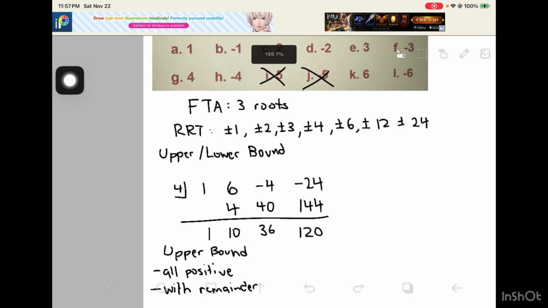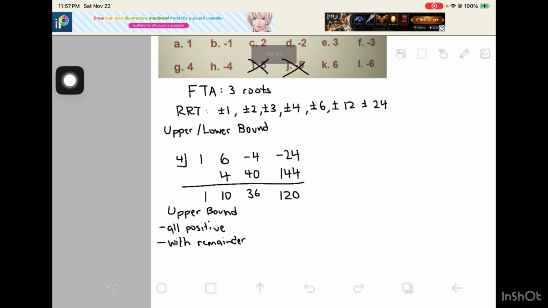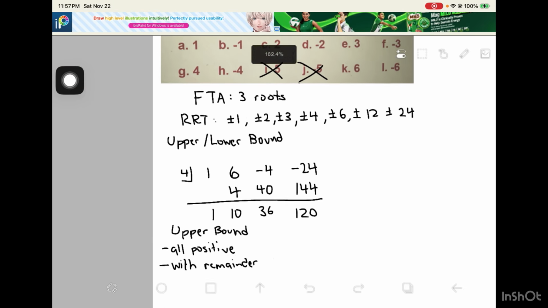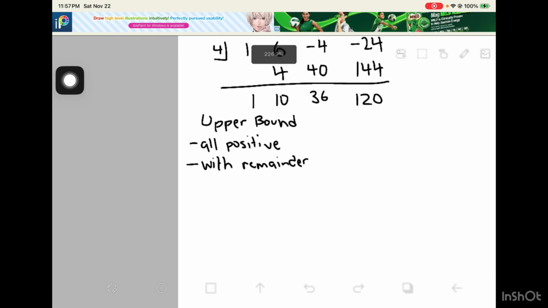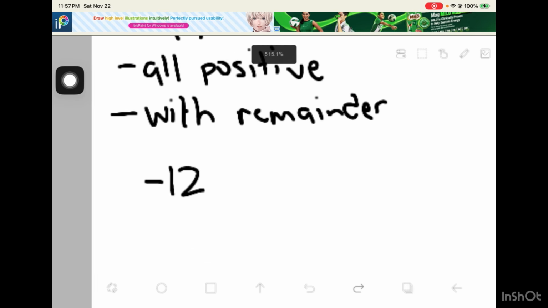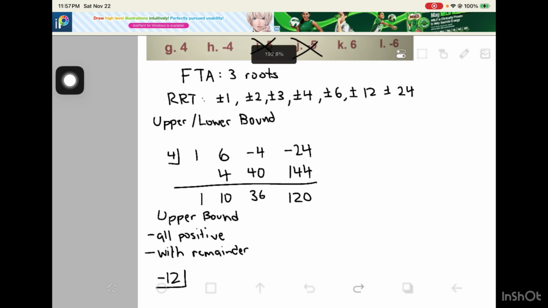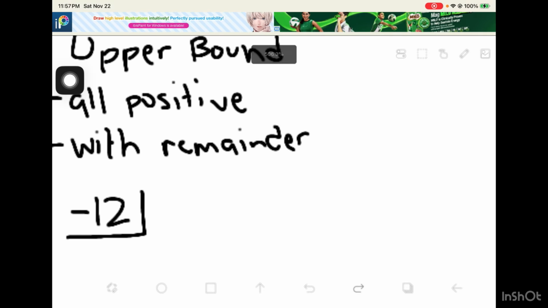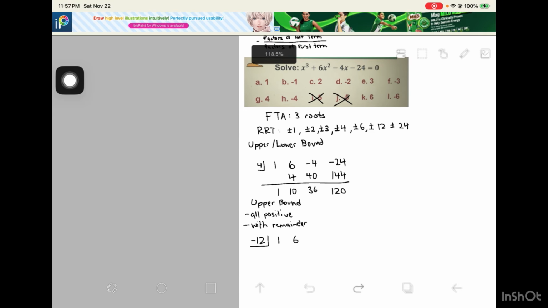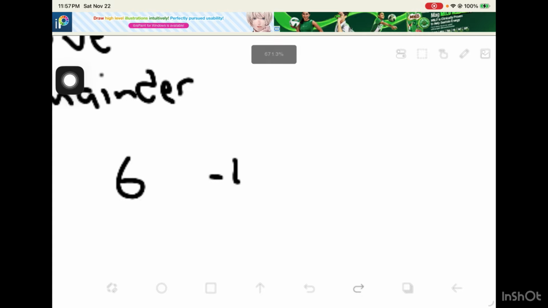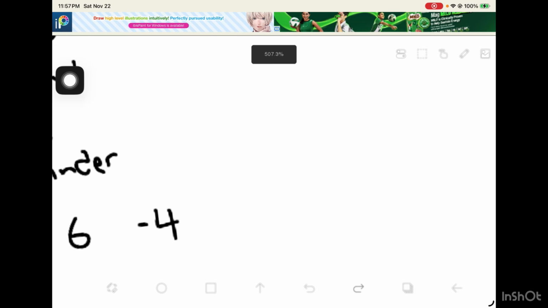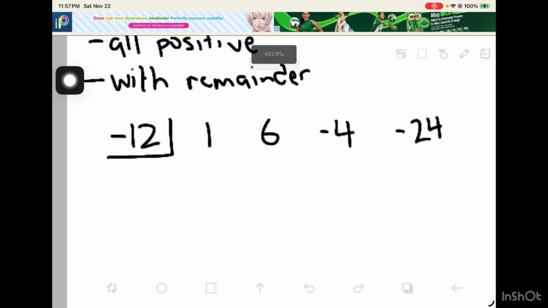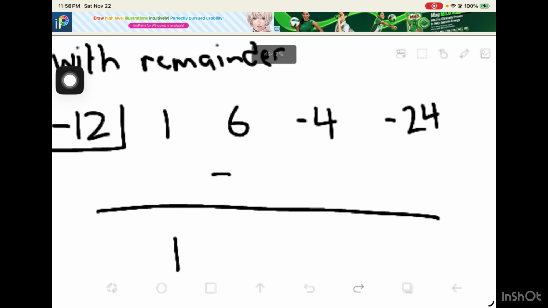Now I'm going to show you an example of a lower bound. Even if it's not in the choices, I just want to demonstrate. Let's try negative 12 as our lower bound. Let's say you weren't given these choices. So we put the same numbers, 1, 6, negative 4, and negative 24. And then let's try it again. 1 times negative 12, negative 12.